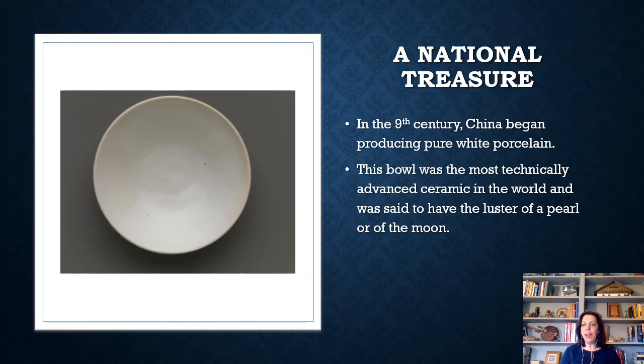It has that same kind of luster and the light bounces off. It almost looks a little translucent. So it really is beautiful, much prettier than this picture indicates. But just think that the entire industry of porcelain export ware in China began in the 800s with this one bowl.